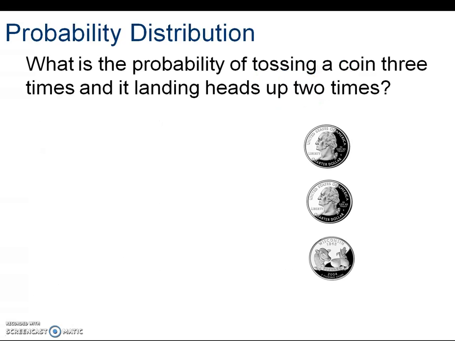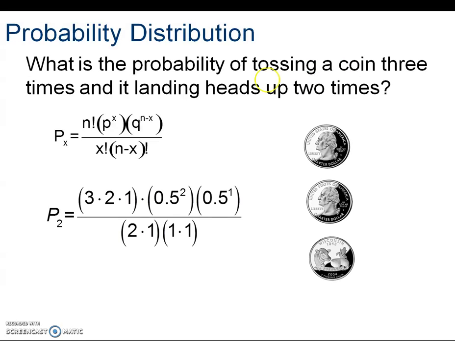So again, we can do the same thing, but we can put it in. n factorial, 3 times 2 times 1. What's the probability of flipping heads on the first? It's 0.5, to the power of X, which was 2. Q is what's the probability of failure?